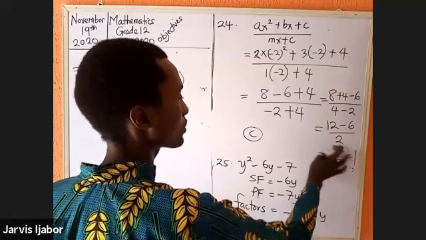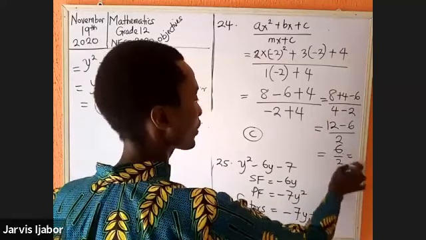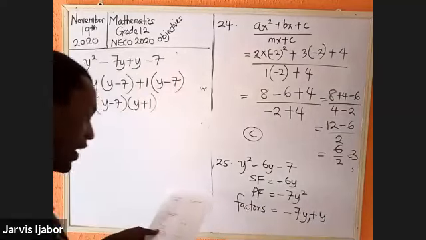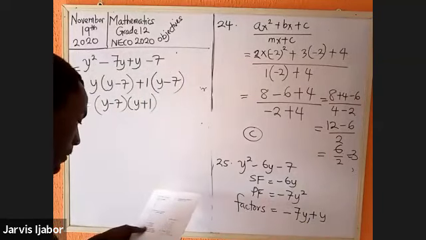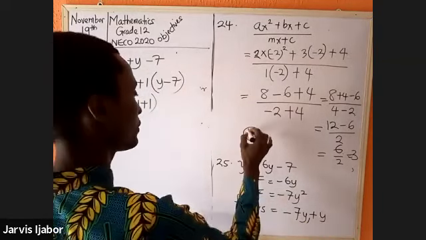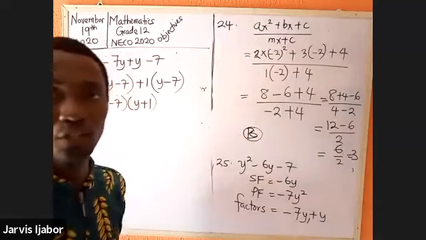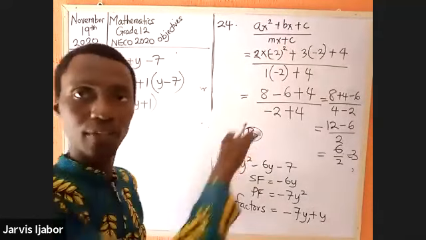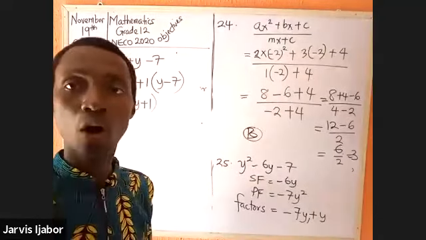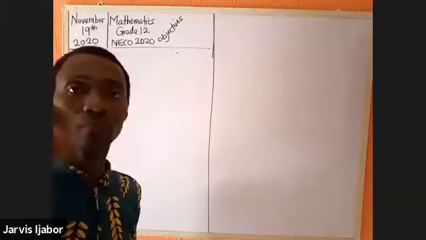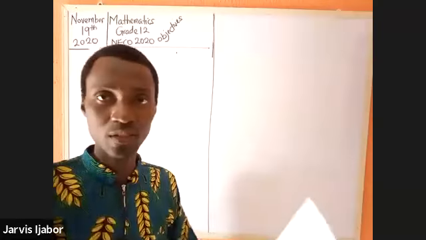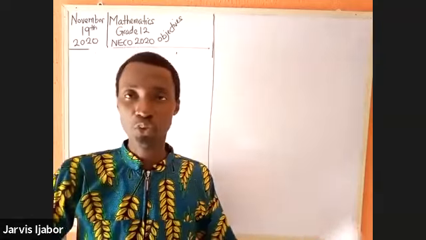This becomes what? 6. And this becomes what? 3. All right, so the final answer becomes what? 3. So that would be what? B. Very good observation. Okay, so that's very correct. So let's take note of that observation, right? Question 26 is also testing your knowledge of logical reasoning.